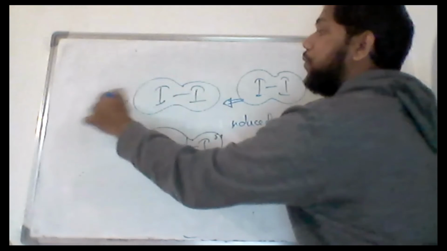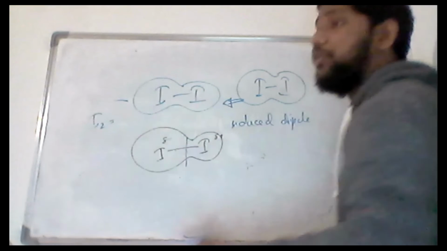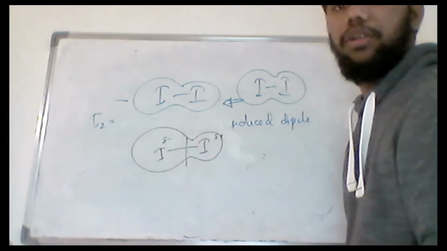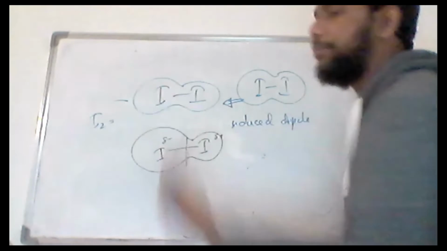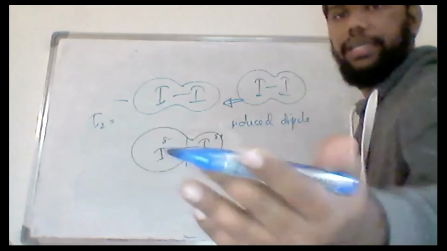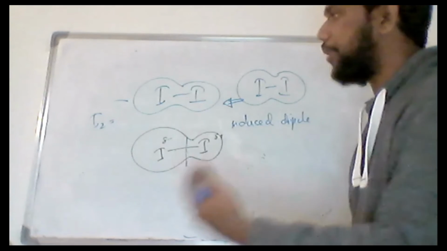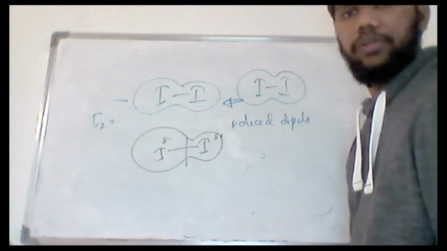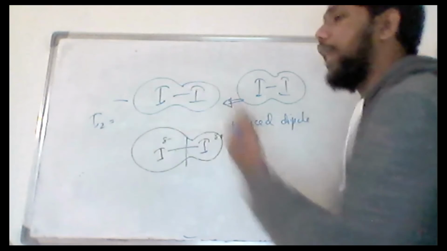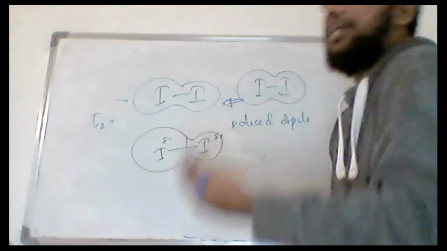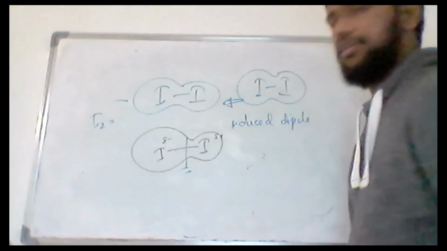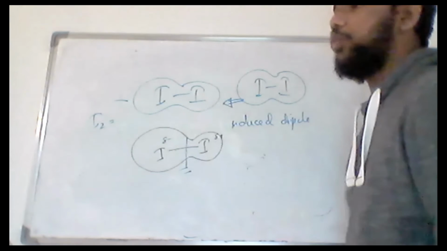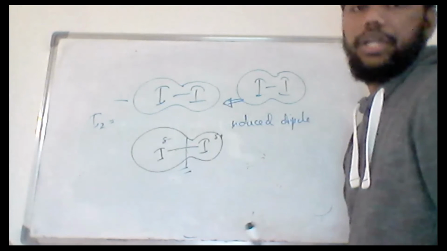So I2 has no permanent dipole. Its permanent dipole is 0. Like SF6 in this question, its permanent dipole is 0. But I2 can be induced a dipole like this. Therefore, I2 will have an induced dipole.